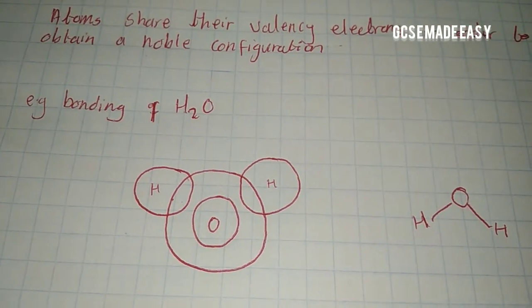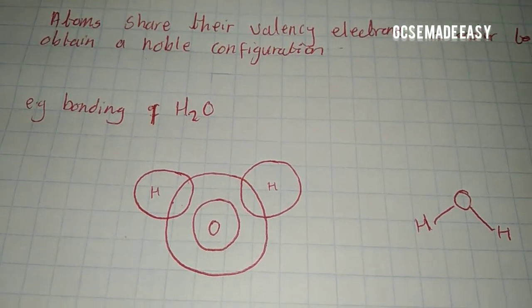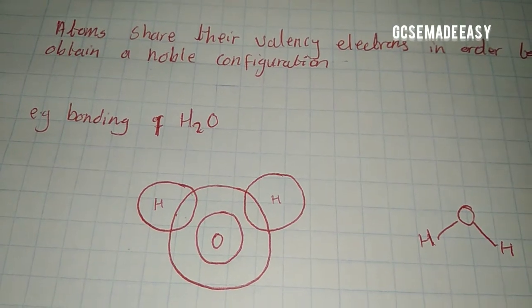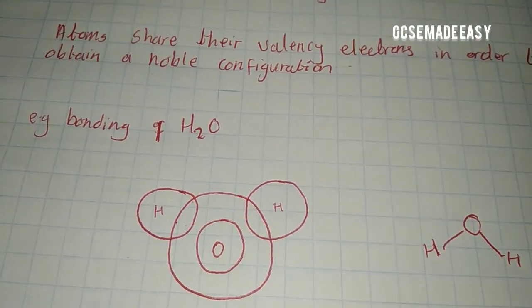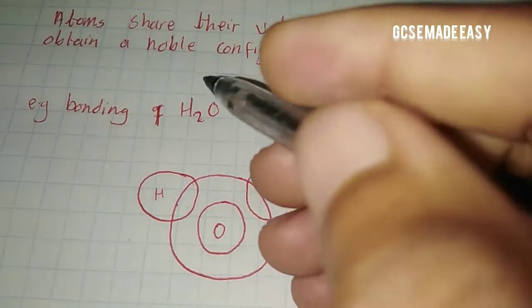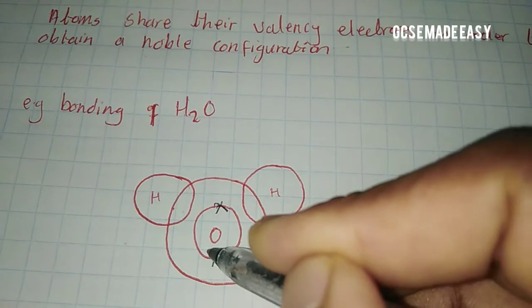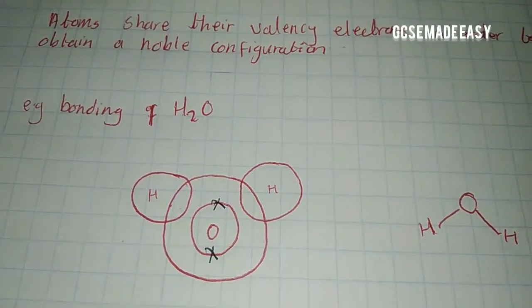Oxygen is in period 2, which tells us that it has 2 shells and a total of 8 electrons, where the first 2 electrons are in the first shell, and the other 6 electrons are in the valence shell.